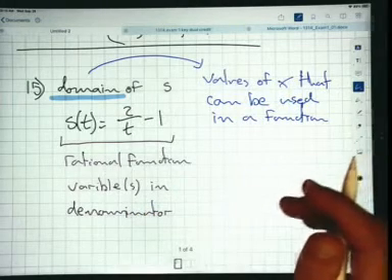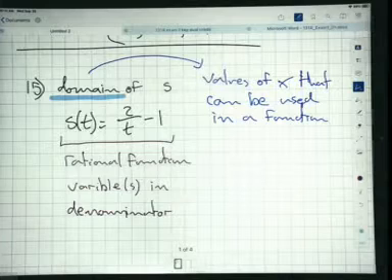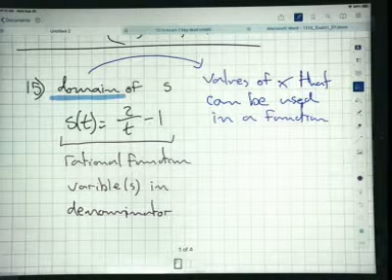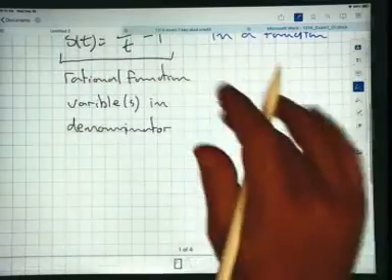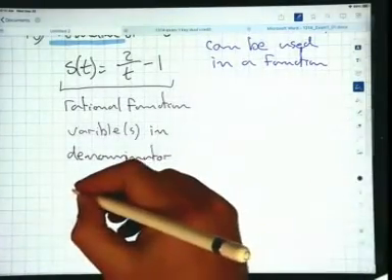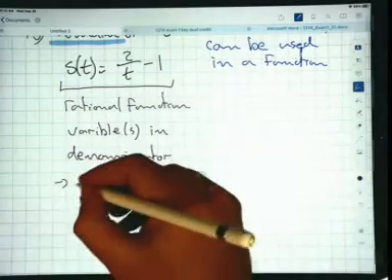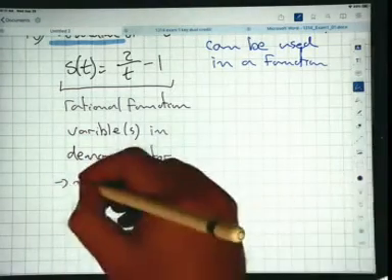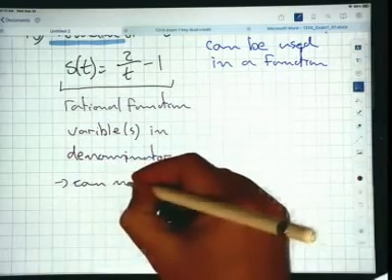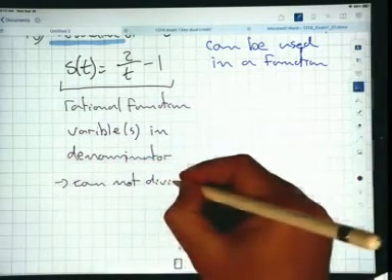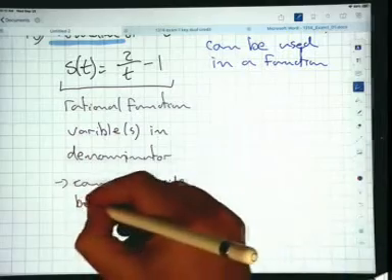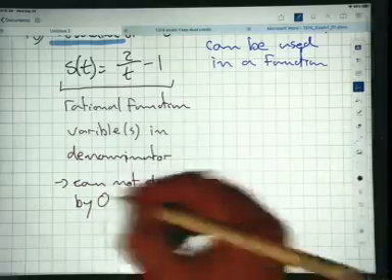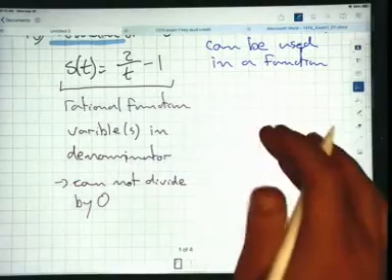Do you remember, this is back in assignment 2, I believe, we dealt with rational equations. And remember this idea, what can we not divide by? What's the one thing we cannot divide by? 0. We cannot divide by 0.